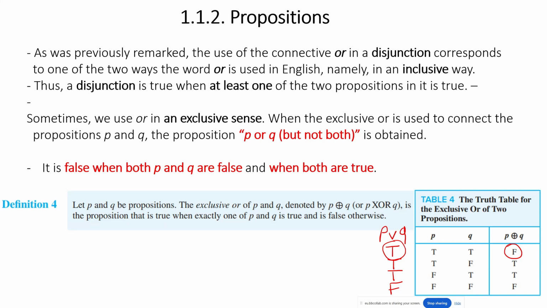But right now we're just talking about the basics to understand the different operators that we have. So we've seen the not, the and, the or, and now this XOR.